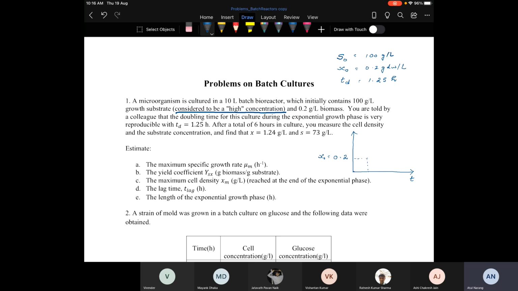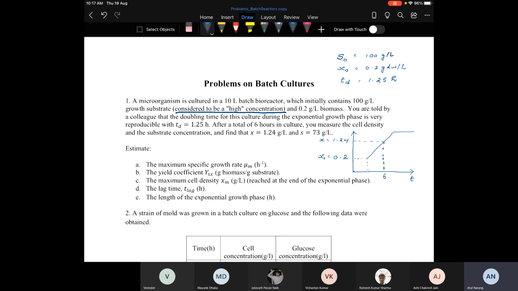And I'm drawing it in the semi-log coordinates, so X kind of goes up exponentially, and I guess at some point it finishes and reaches stationary phase. What they are telling you is that at t equal to 6 hours, the X had reached a value of 1.24.